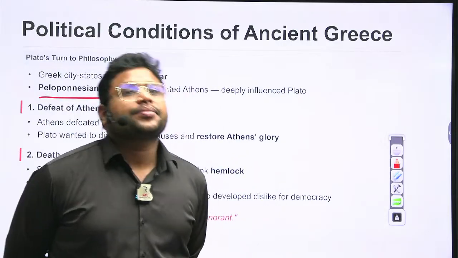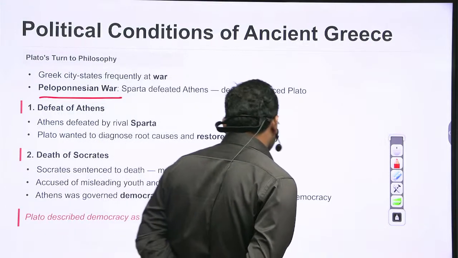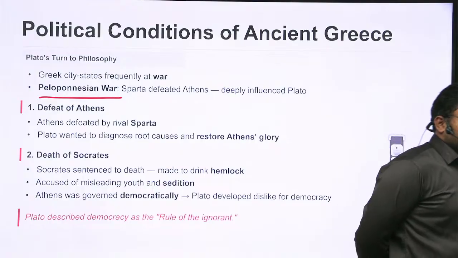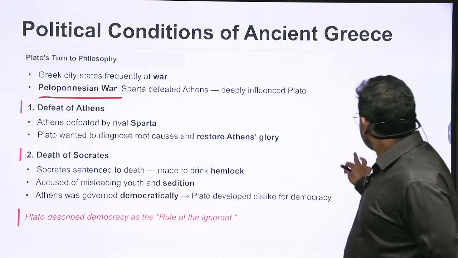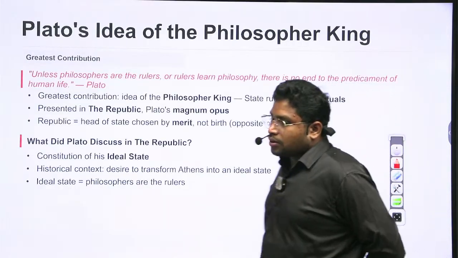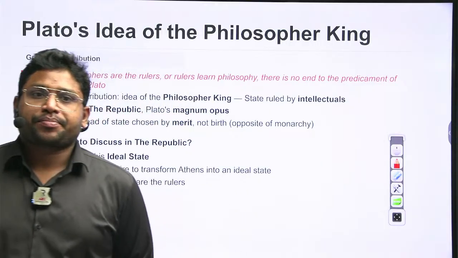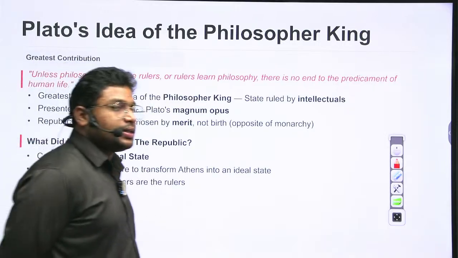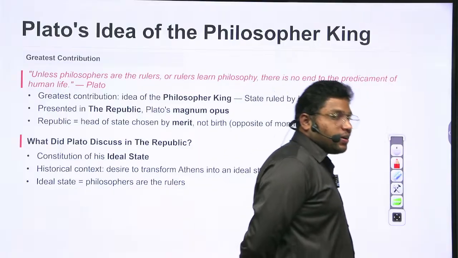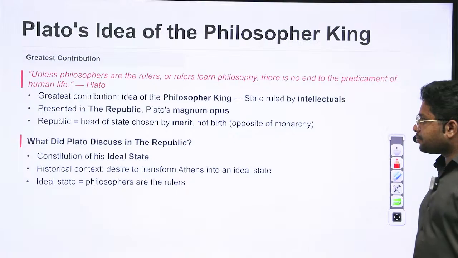Right, next line. Plato described democracy as the rule of ignorant. In bracket, worst form of government.